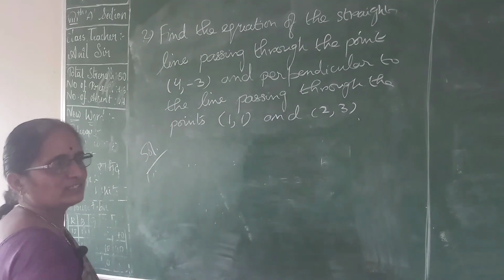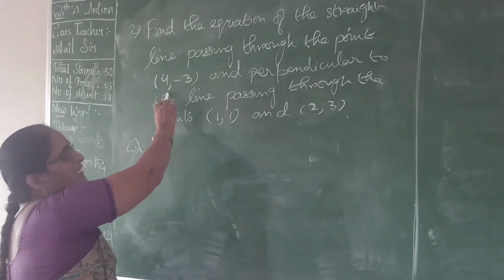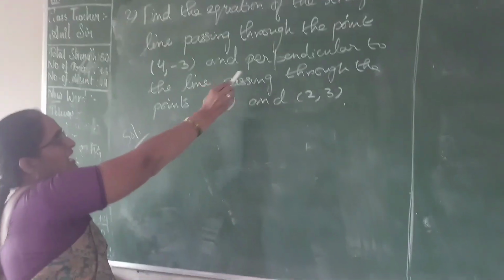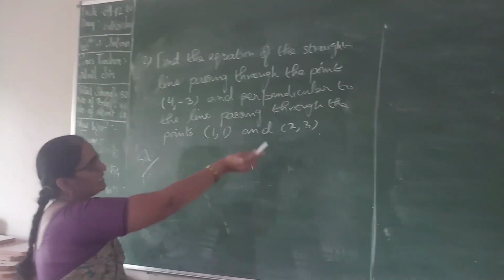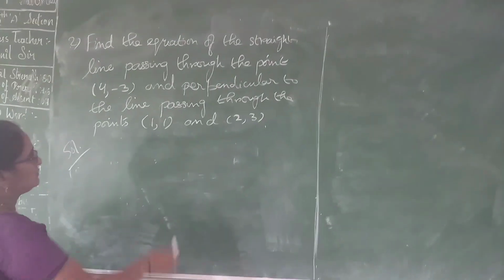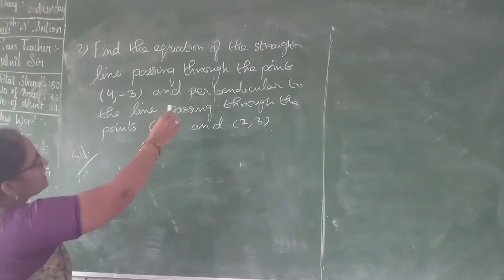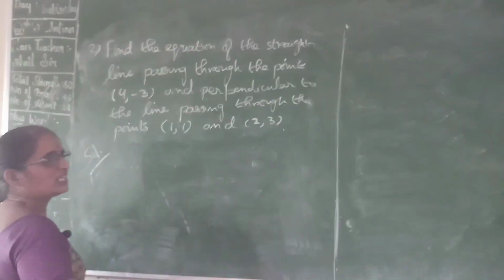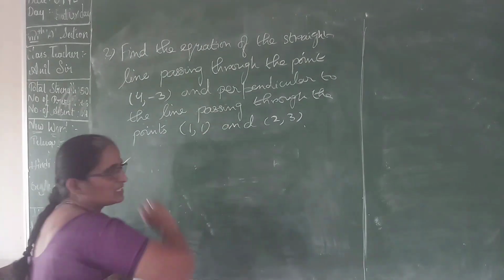Now, the second question, find the equation of the straight line passing through the point 4, -3 and perpendicular to the line passing through the points 1, 1 and 2, 3. So, first there are two conditions here. One is that a straight line is passing through two given points. Another condition is that we have to find out the equation of the straight line which is perpendicular to this line.